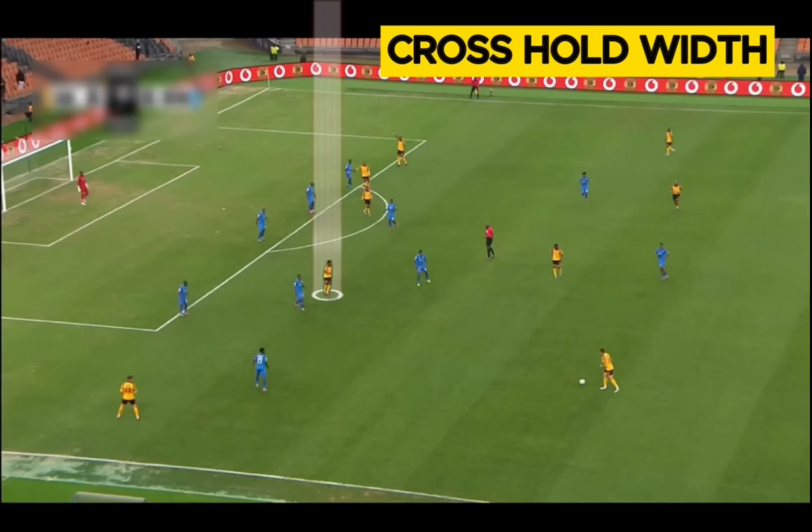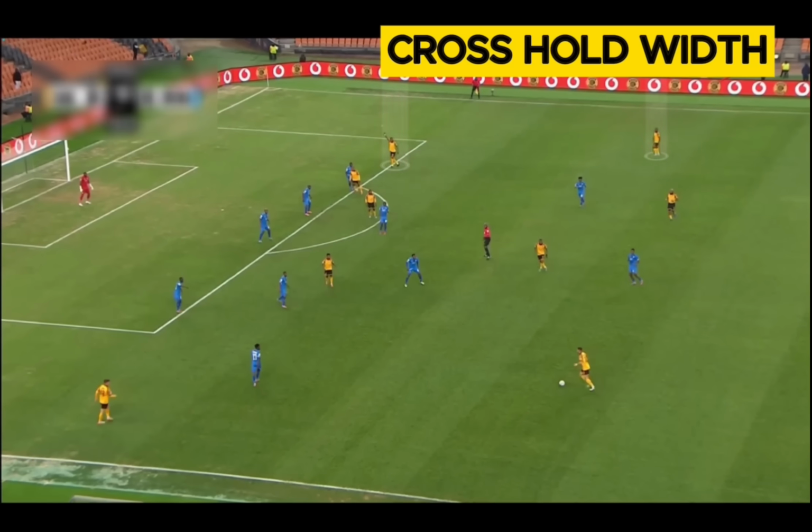The main one is the fact that if Cross is always wide and Shabalala is always inverting, then that's predictable. There are not many rotations, but they were going to fix that in the second half. So Shabalala is there, so you always know where he is.